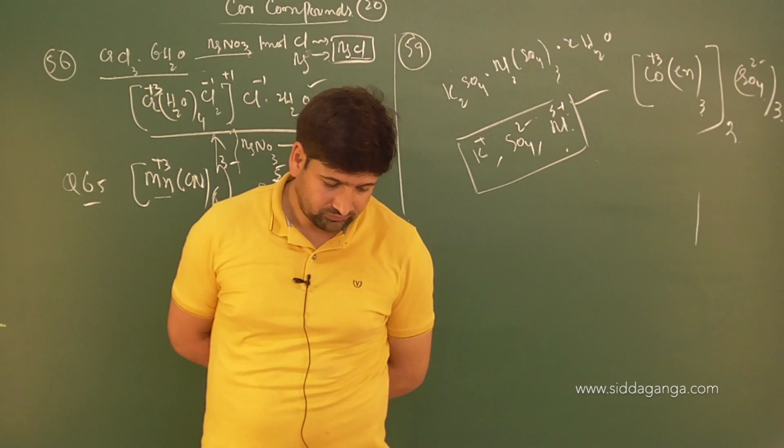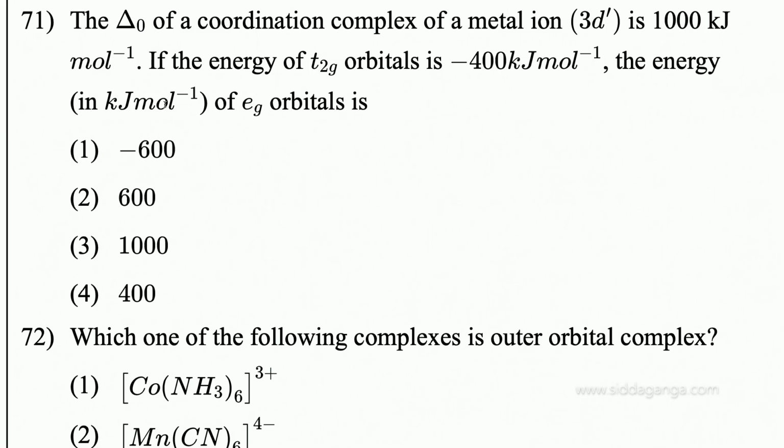Next question, children. Question number 71. The delta zero of coordination complex of metal ion d3 is 1000 kilojoules per mole.